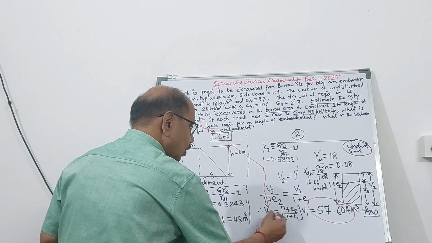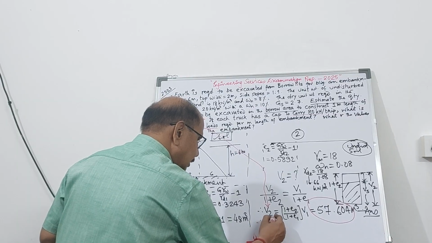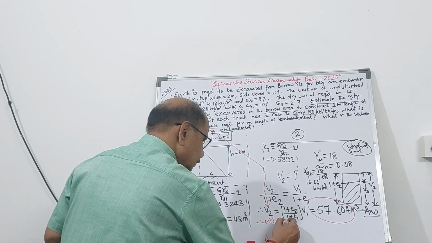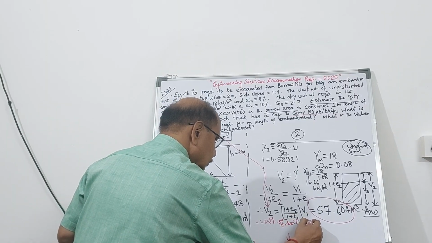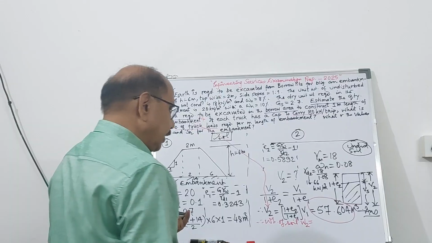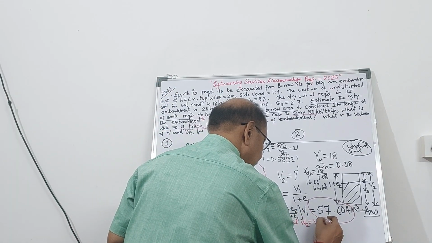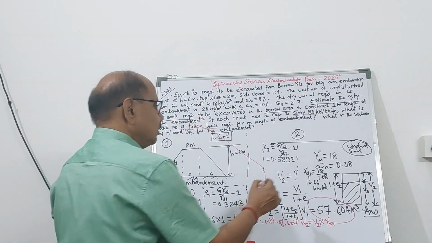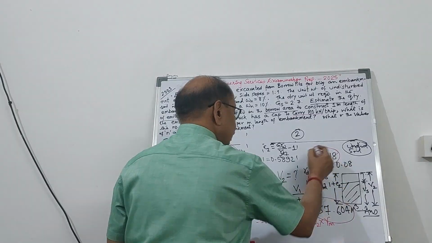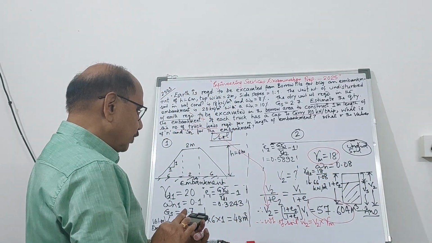And what is the volume of the soil? This much. Therefore, the weight of soil is going to be V2 multiplied by the moist unit weight. The moist unit weight is already known to you.